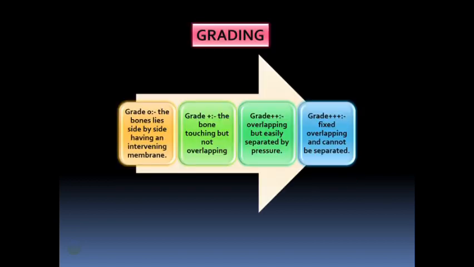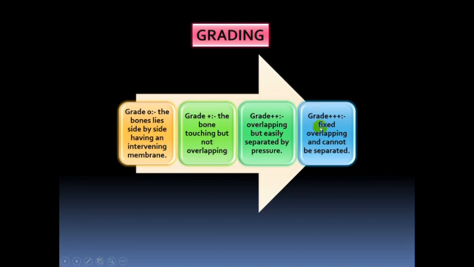We have three grades of overlapping. Grade 0, when the bones lie side by side with an intervening membrane in between. Grade 1, when the bones are touching but not overlapping. Grade 2, when they are overlapping but easily separated by pressure from the examining finger.